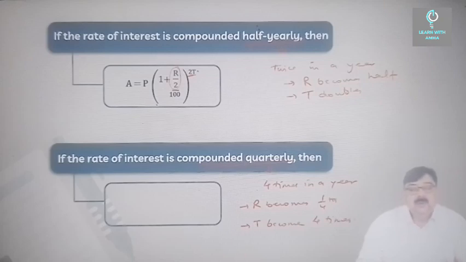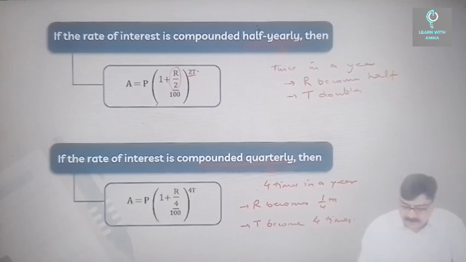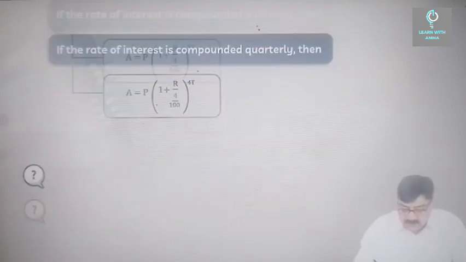That's all that you need to do. So half yearly means rate of interest R by 2, but time period T is doubled, 2T. Quarterly, which is 1/4, so rate of interest becomes 1/4, and this 4 gets multiplied to time duration, so the time duration becomes 4 times. So this is R by 4 and 4T, as I explained to you.